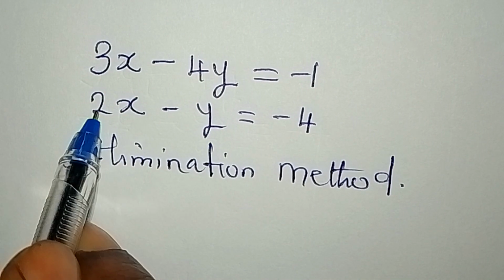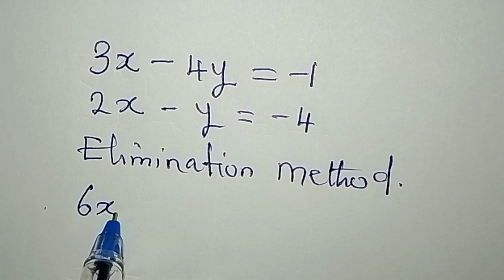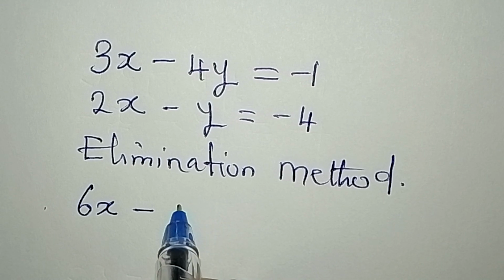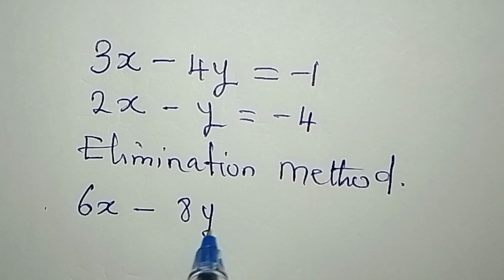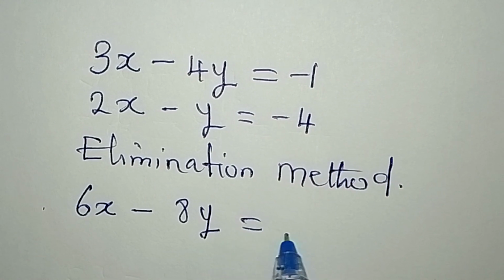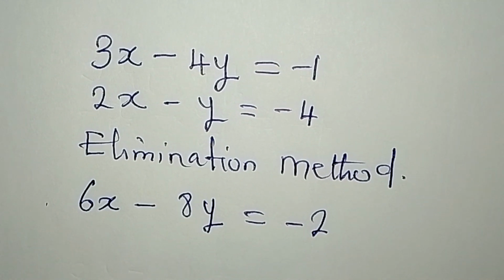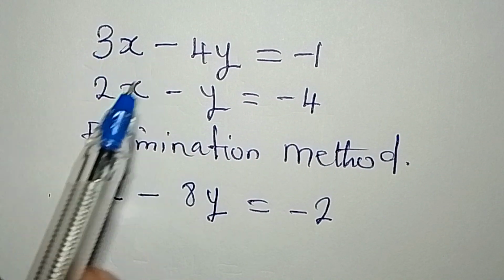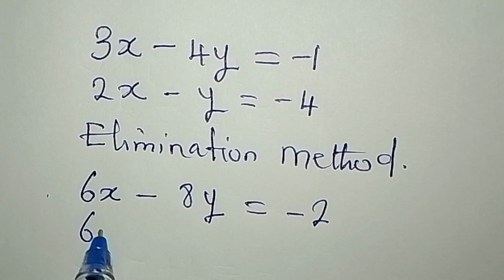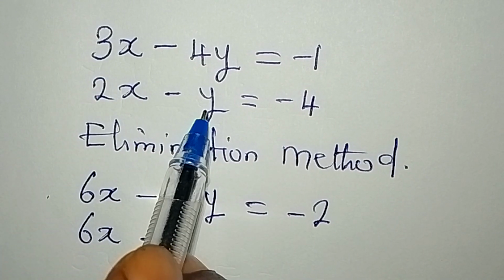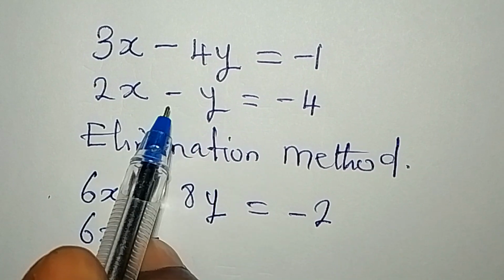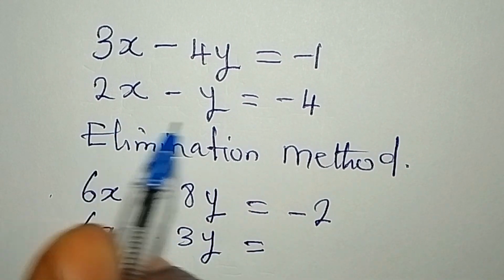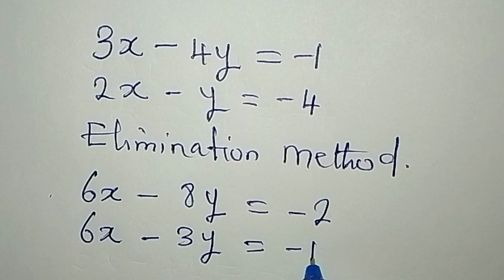So we're going to have 2 times 3x, that will give 6x, minus 2 times 4y, that will give us minus 8y, then 2 times minus 1, that will give us minus 2. Now let's go to equation 2 and multiply it by 3. So 3 times 2x gives us 6x. Then 3 times minus y gives us minus 3y. Then this will be equal to 3 times minus 4, that will be minus 12.